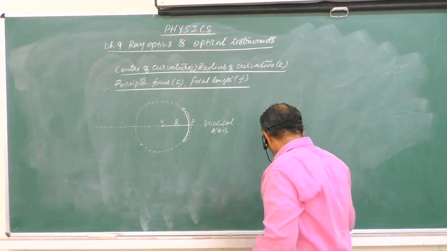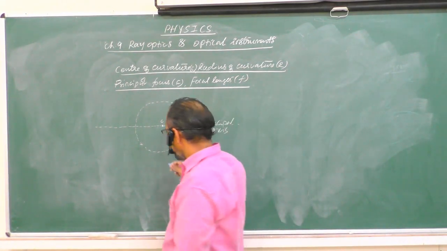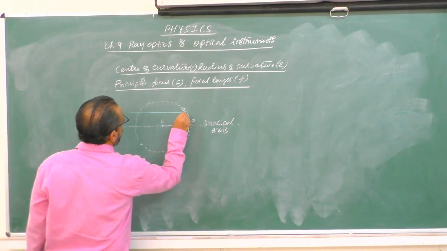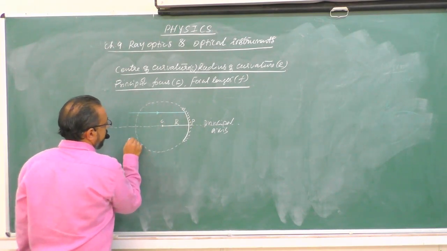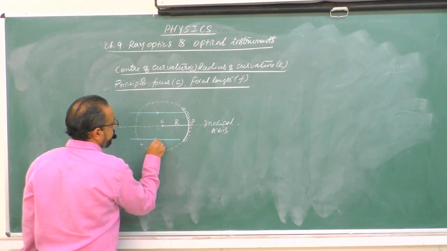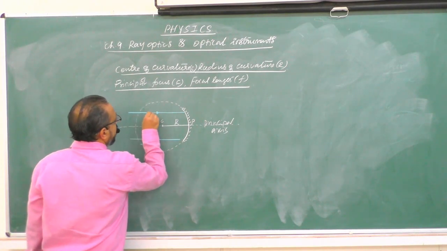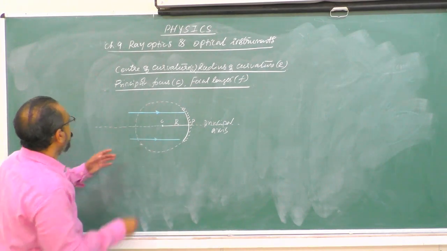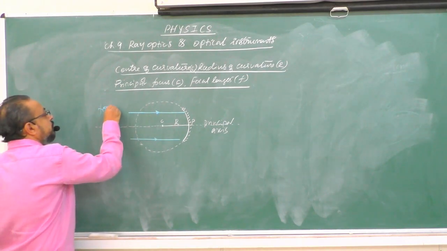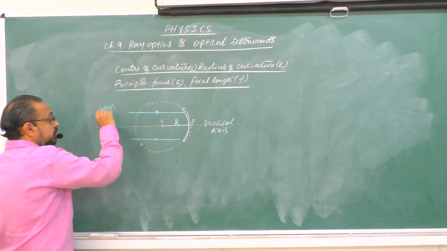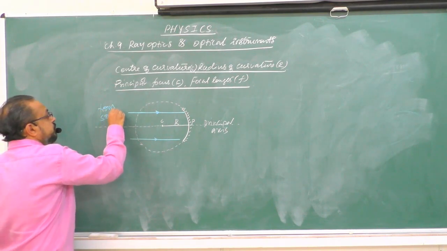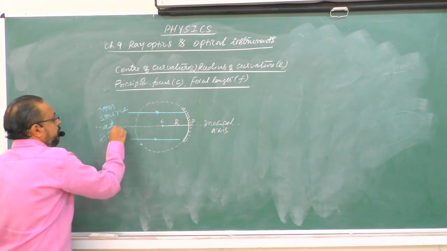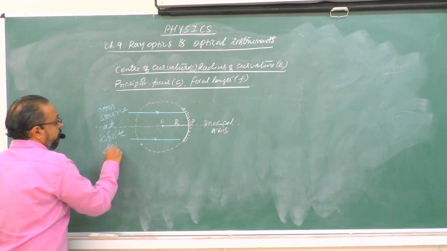Now, say the light is incident from a long distance on the mirror. So light is coming from a distant source, a source at infinite distance.